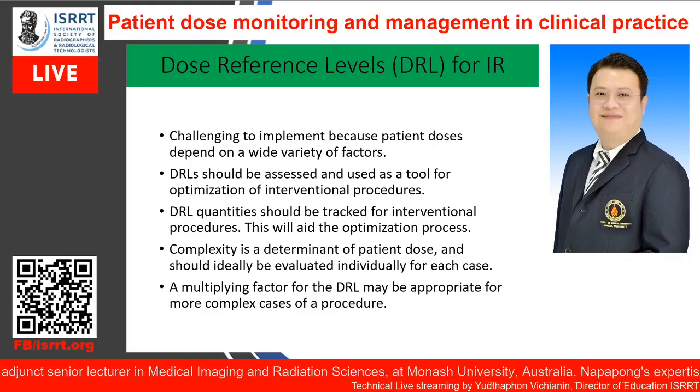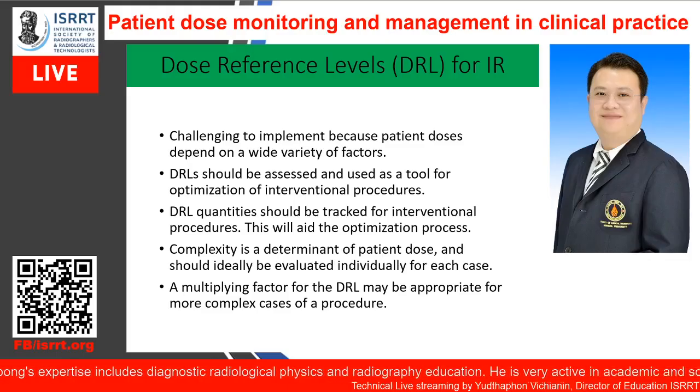Normally we use DAP, or dose area product, for the dose, and DRL quantities should be tracked for interventional procedures, and this will aid the optimization process, right? Optimization is the key, and complexity is a determinant of patient dose and should ideally be evaluated individually for each case, as I mentioned.